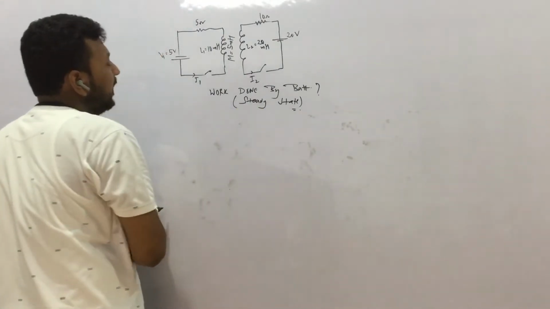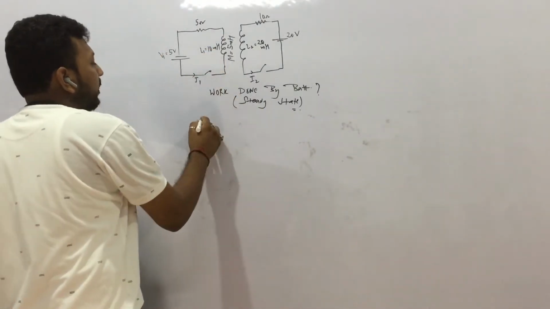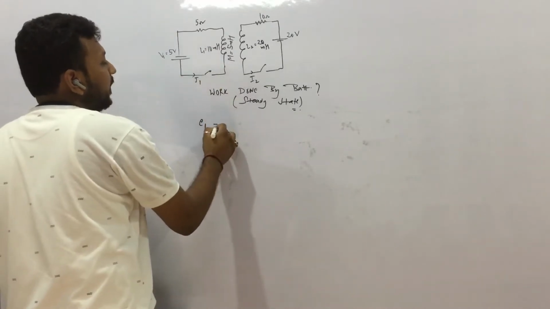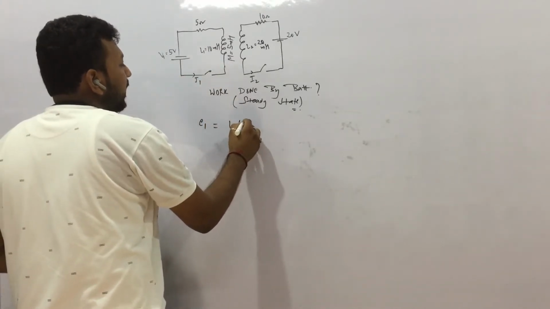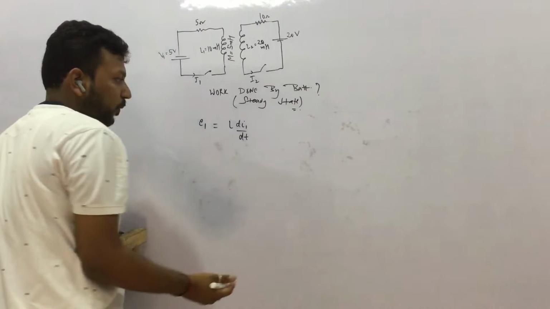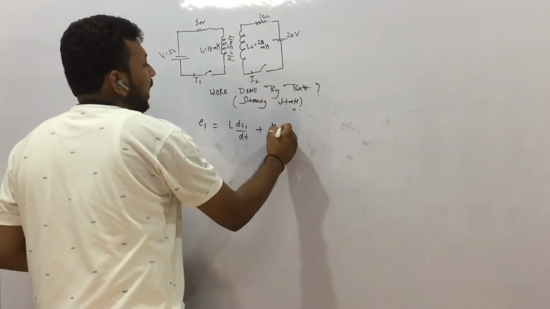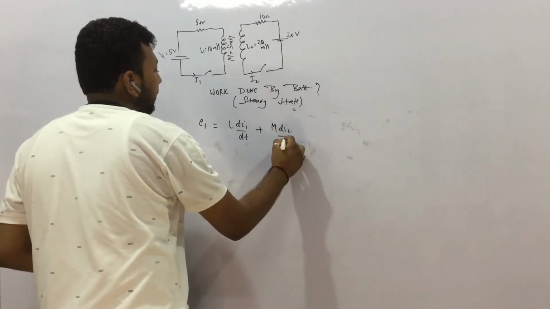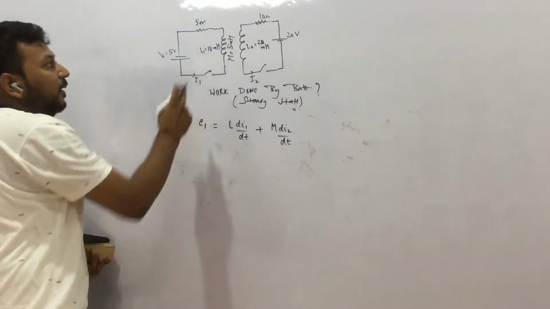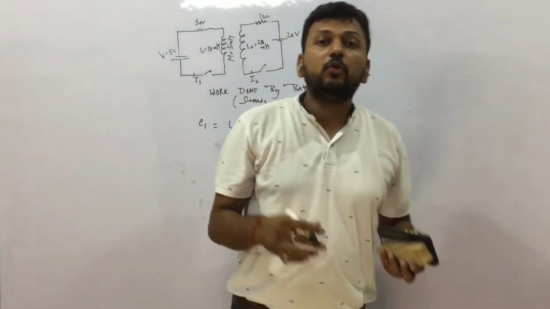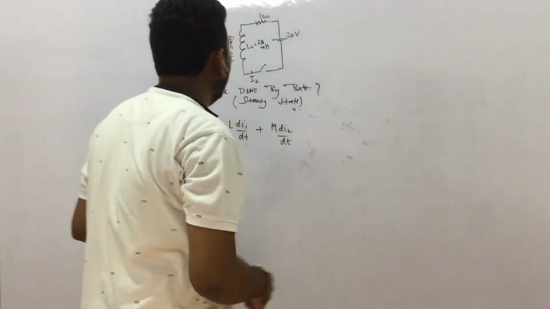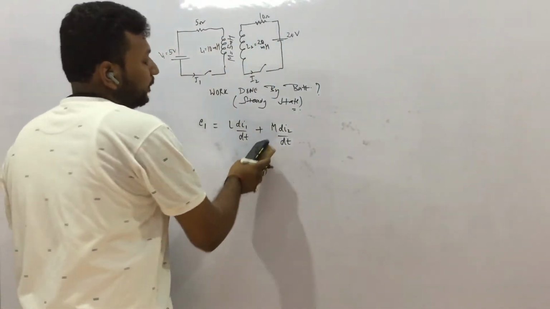That means the net EMF offered by the first one is L di1 by dt, that we already know. But due to this also we have plus M di2 by dt. Since the EMF in the first circuit has to oppose both the magnetic fields, we are adding them.